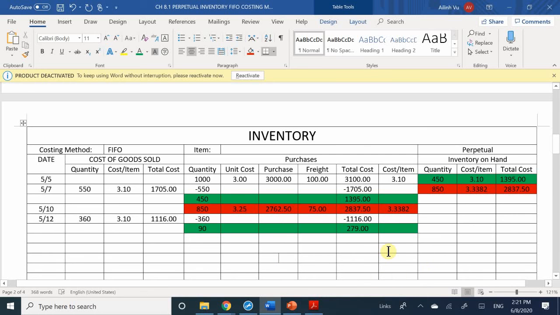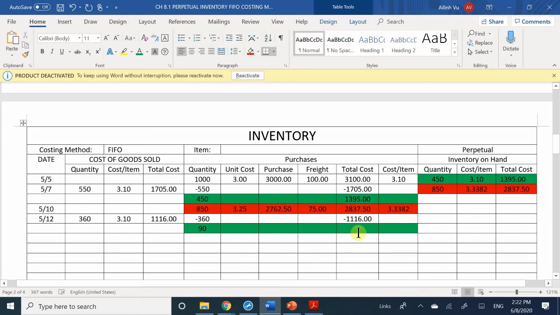Okay. See, David did the same thing I did, which was using the second batch, the red batch. But really, we should take 1395 minus 1116 and get 279. Yes.